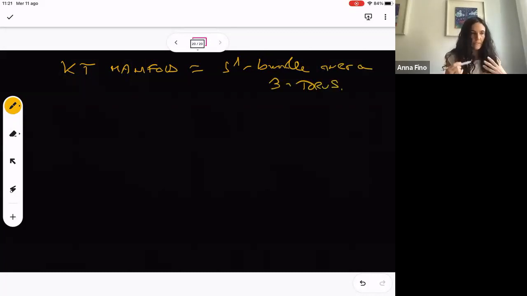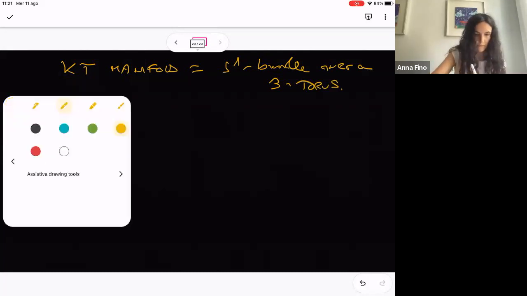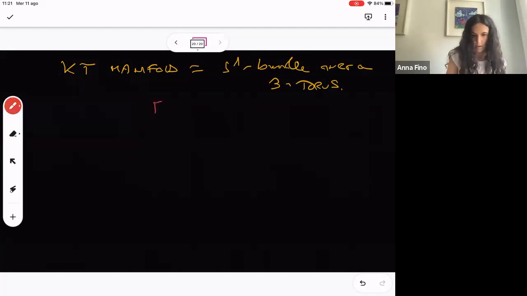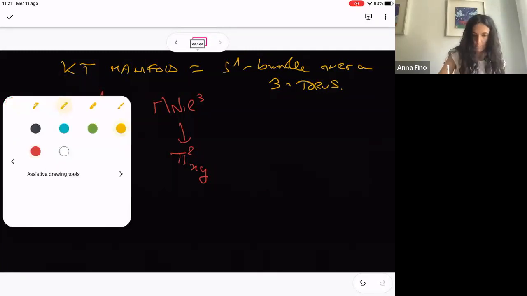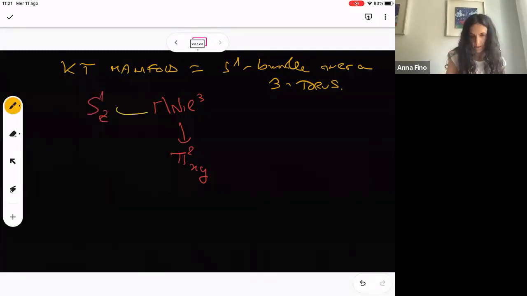How do you see that? You can do something like this. I use the color again, maybe. So we have our projection here, T2 with coordinates X, Y. And here we have S1 with coordinate zeta, let's say, which corresponds to the center.